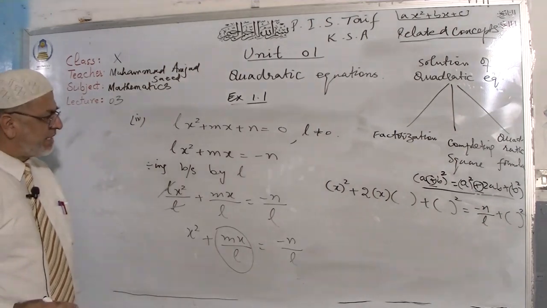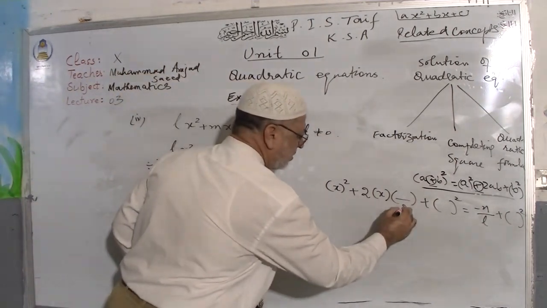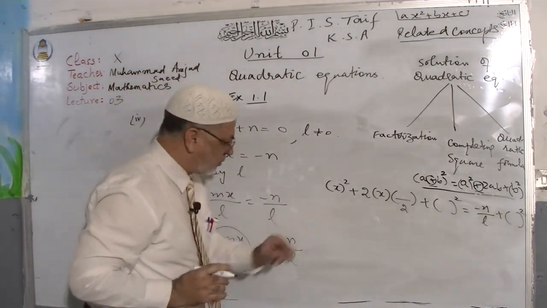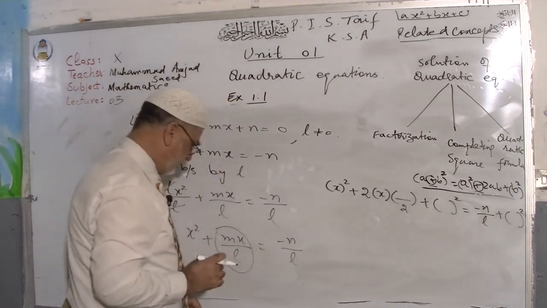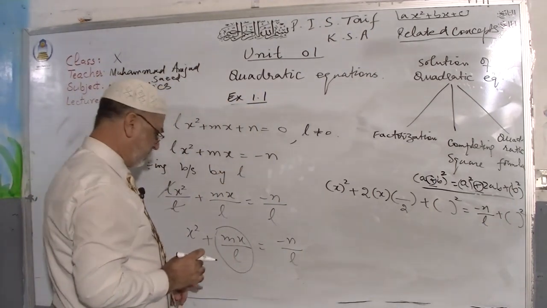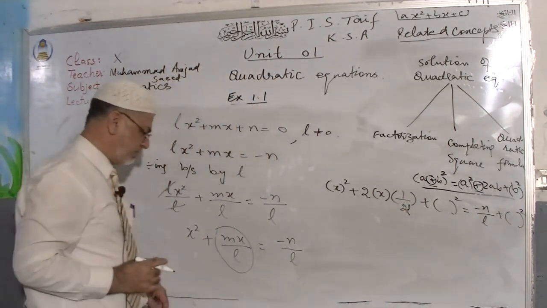So what will be there? Here 2 is extra, so 2 should be cancelled out. There is no 2. 2 is extra here. And here, what will be 1 and L also.